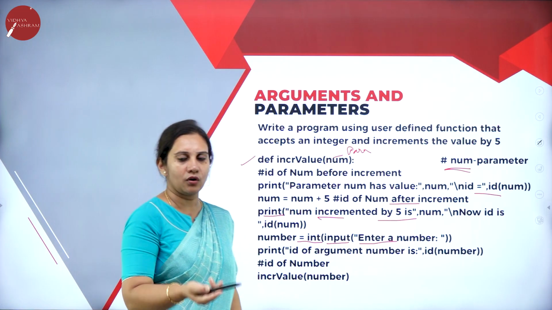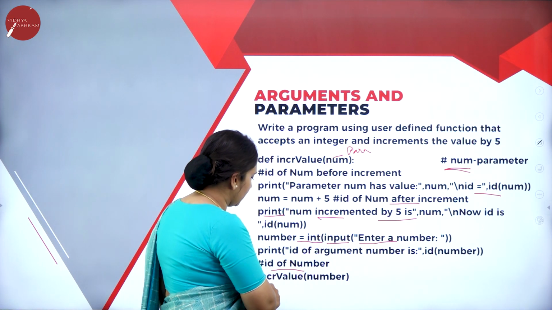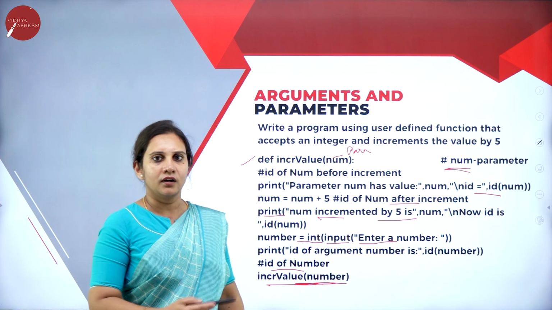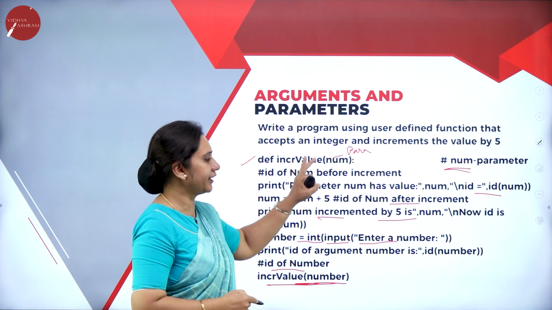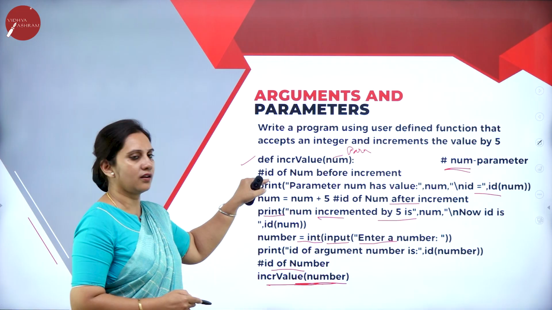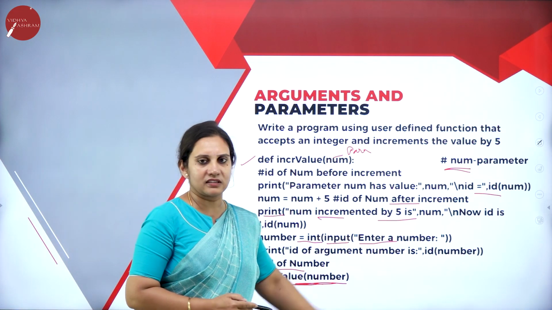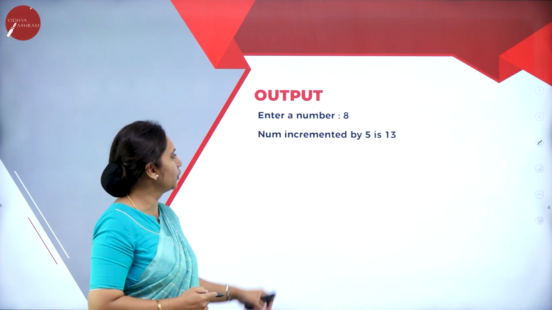Then the id of the number and the incremented value of the number. This is what we call the return value. This is a simple program to make you understand the syntax of the user-defined function, and what a parameter and an argument are. In the next slide, we will see the output we get.